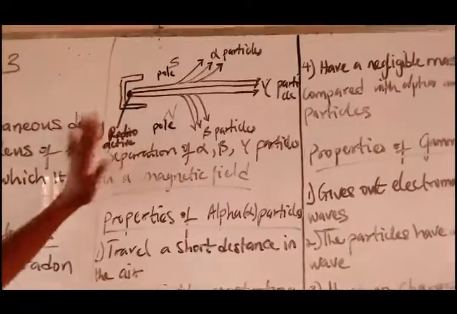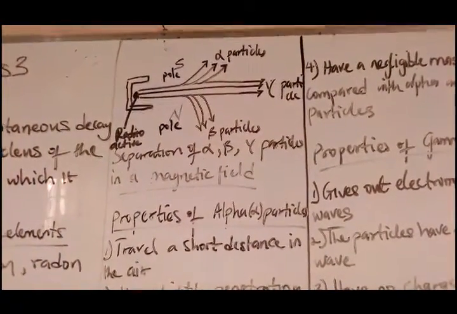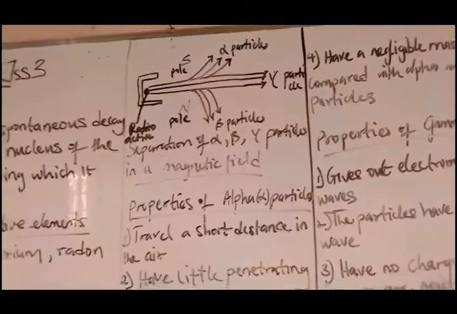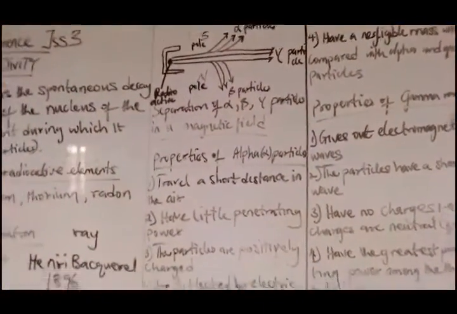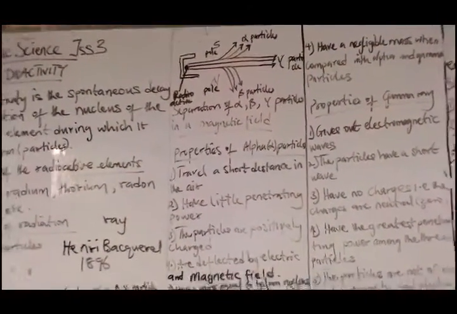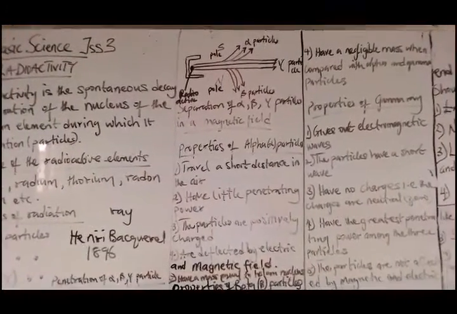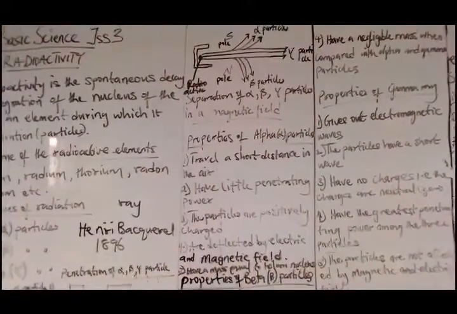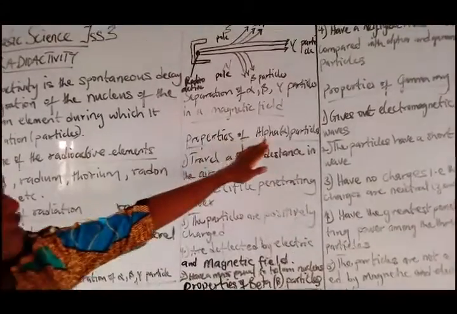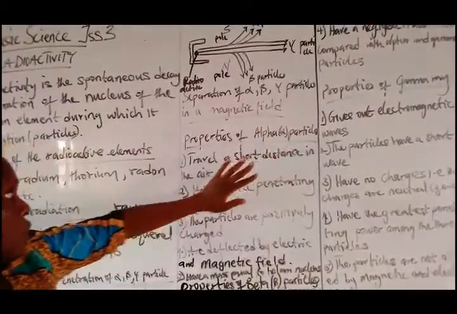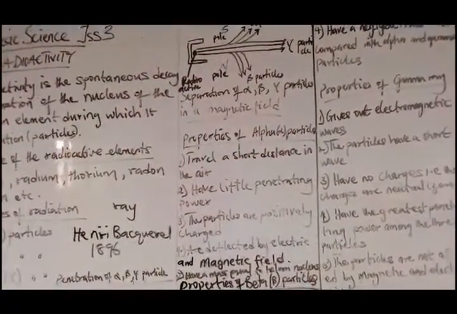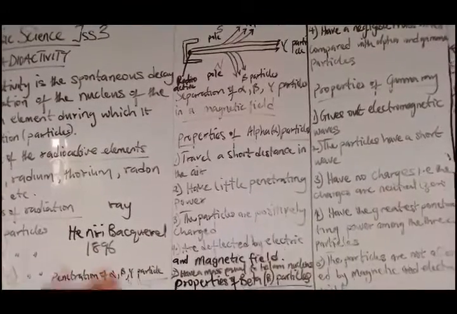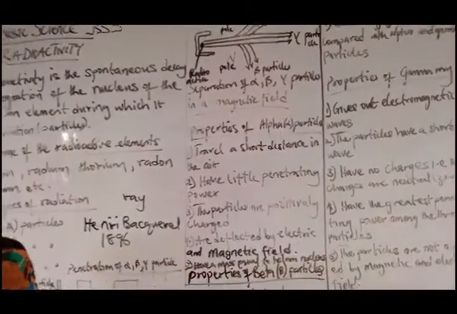It's not being affected. So from there, we'll now look at the properties of these radiations or particles emitted by radioactive elements. Now we look at the first one, the alpha particle. One of the properties is that it can travel a short distance in the air.